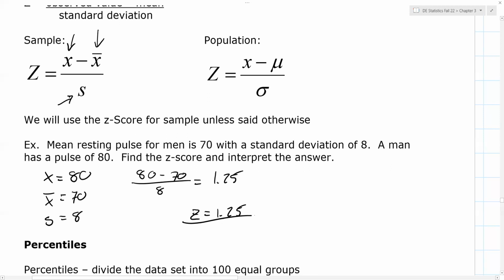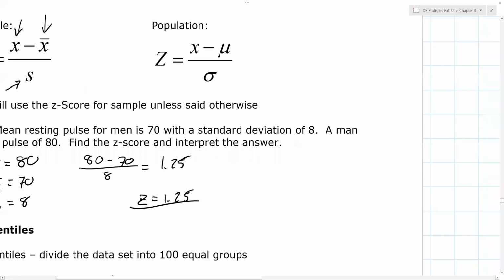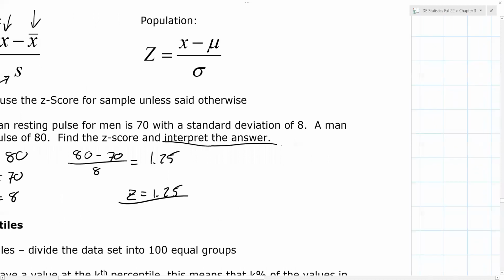Now, the second part of this question says, interpret the answer. When you are asked to interpret the answer, you're essentially writing a sentence, and that sentence needs to contain two pieces of information. First, it needs to tell how far away from average. And the second, it needs to say whether it is above or below average.